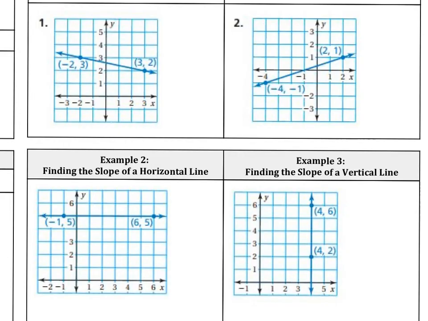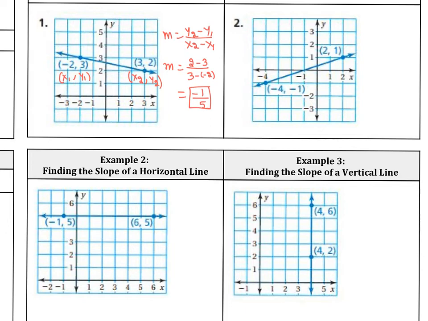For number 1, we are going to find the slope of a line whose points are 3, 2 and -2, 3. We are going to use the slope formula, that is y2 minus y1 over x2 minus x1. So I label this point as x2 comma y2 and this point as x1 comma y1.